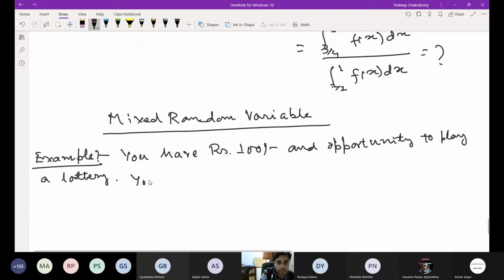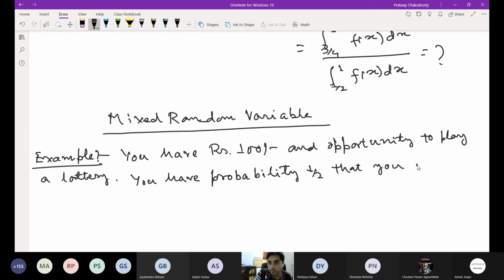Suppose you have probability half that you won't play, so you are left with 100 rupees.